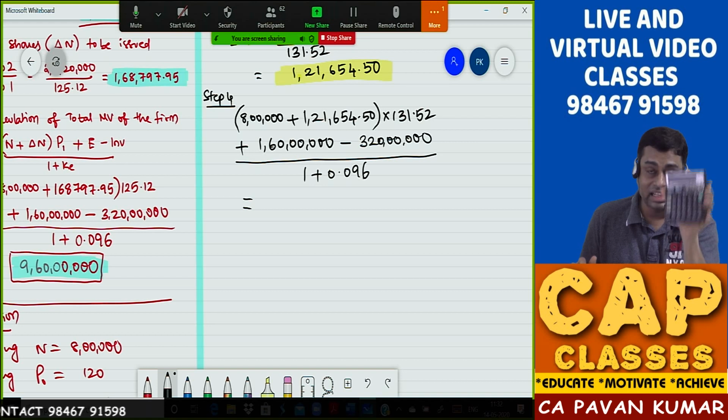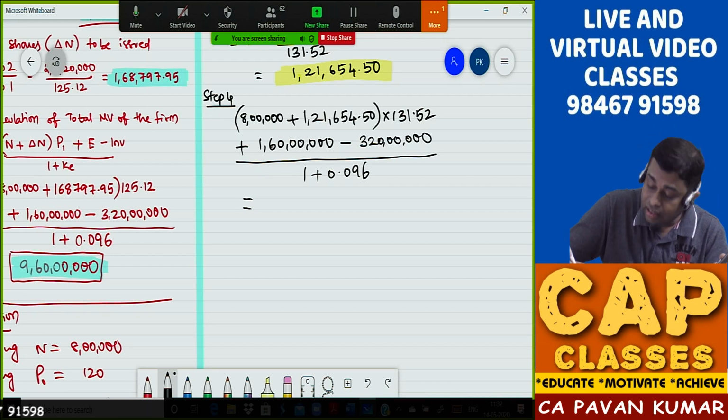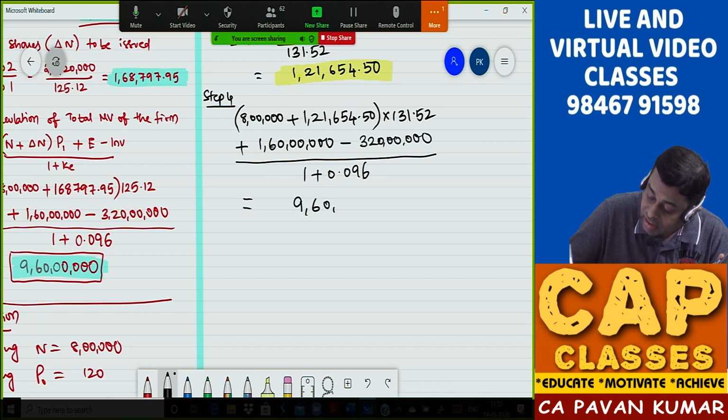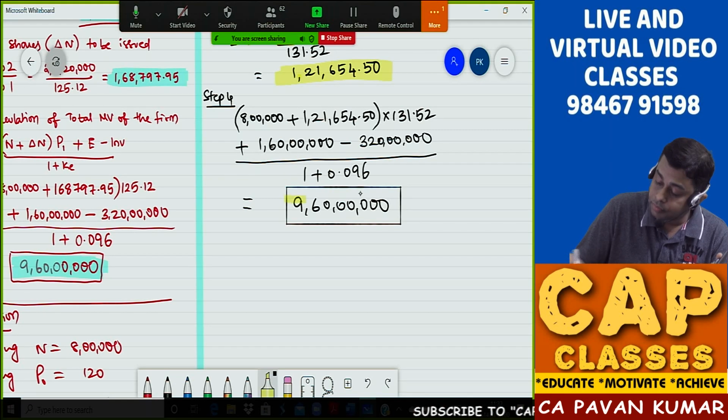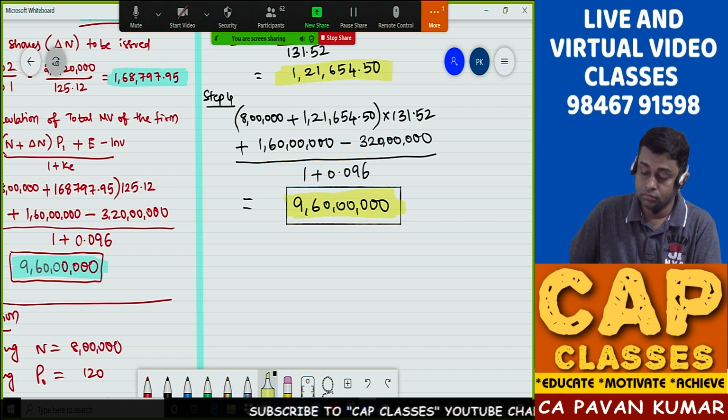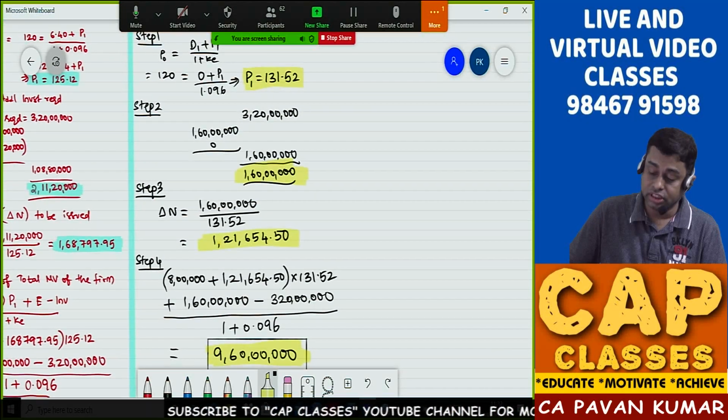My dear friends, exactly 9 crores 60 lakhs you have got. So if you do not declare dividend also, your market value is the same. So this is step 1, step 2, step 3, step 4.